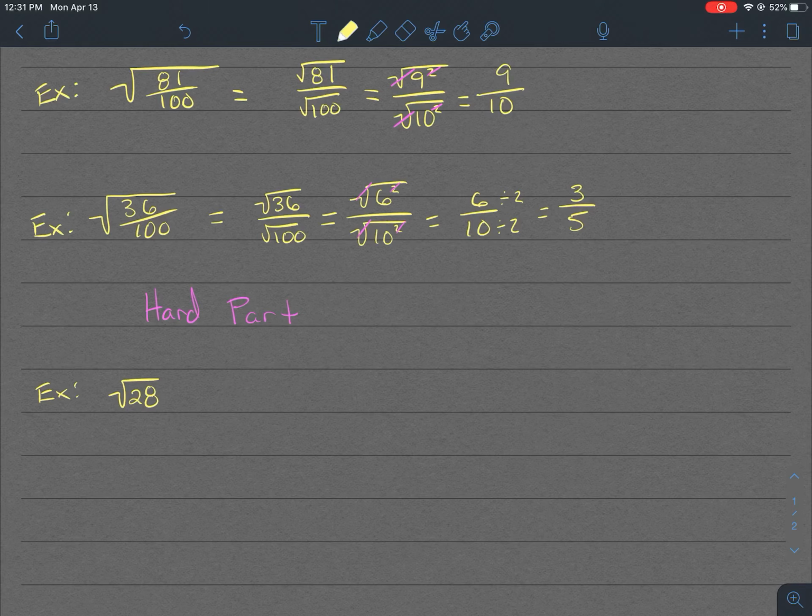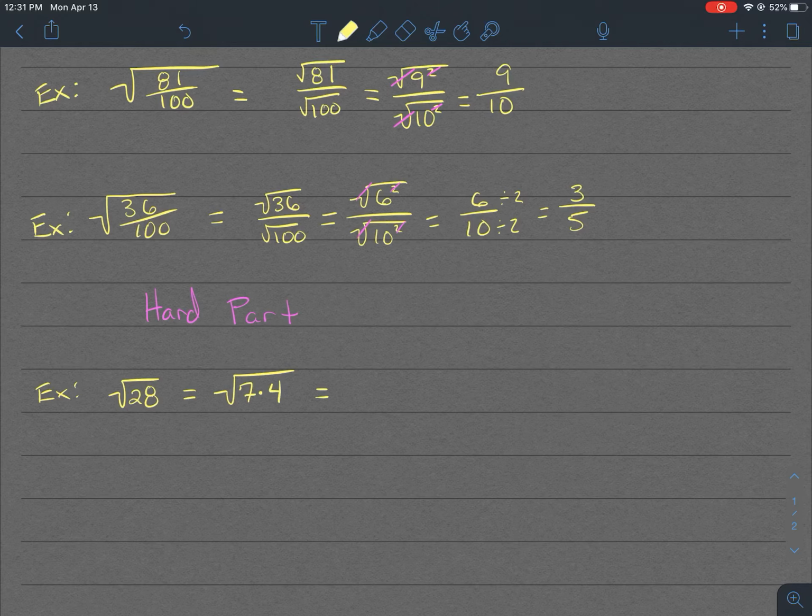But we can break apart 28. 28 is the same thing as what? Think of your multiplication facts and think of the ones that would give you 28. The one that I came up with is 7 times 4 is the same thing as 28.